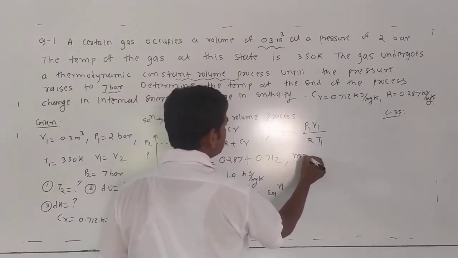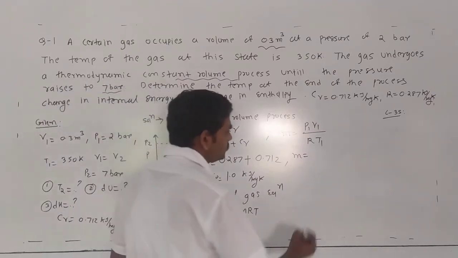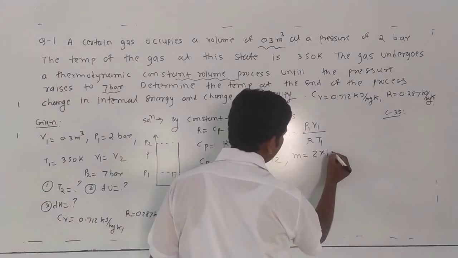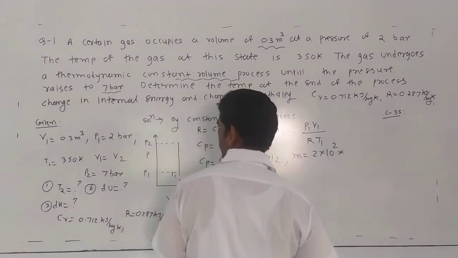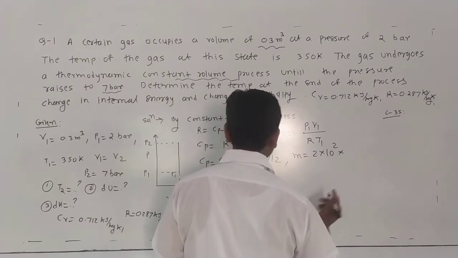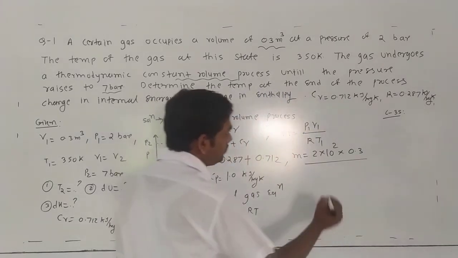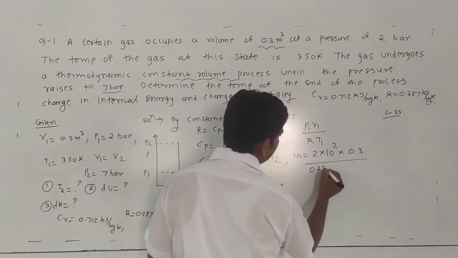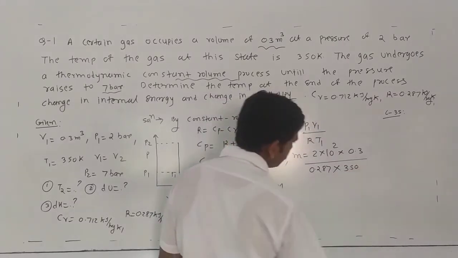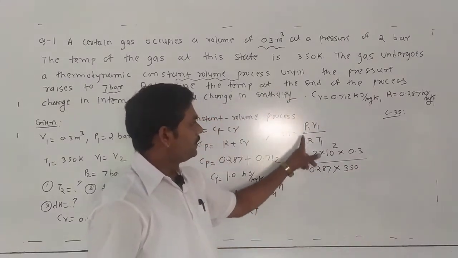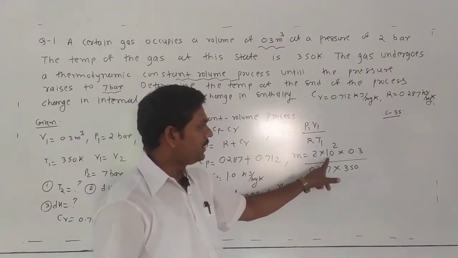Just put the values. P1 is given as 2 bar, converted into kilopascal it is 2 into 10 to the power 2.